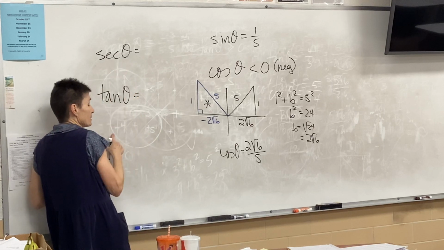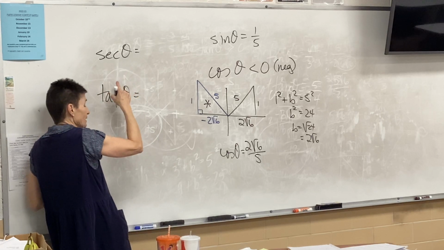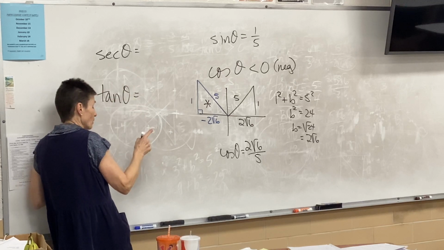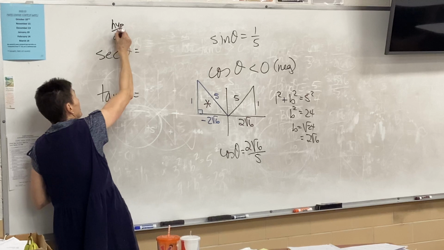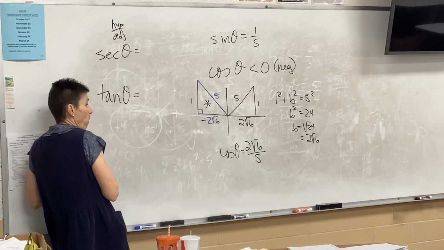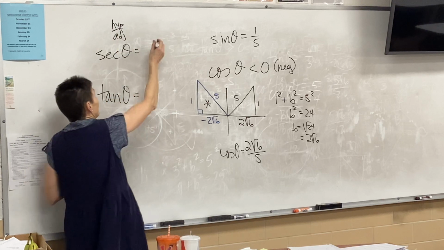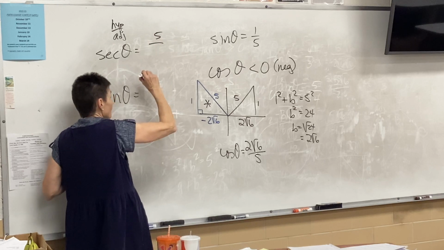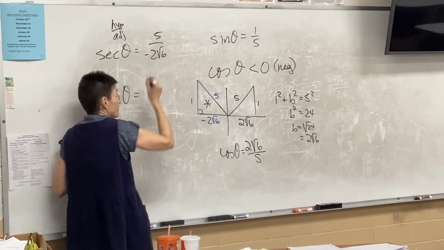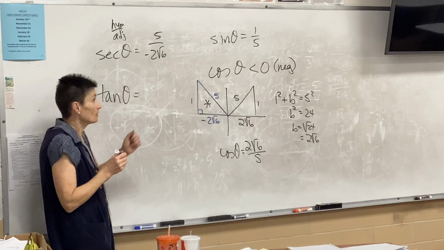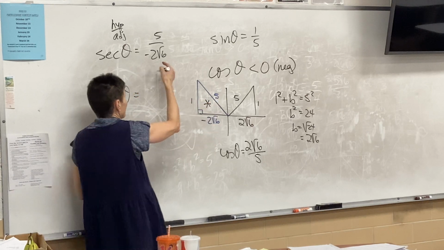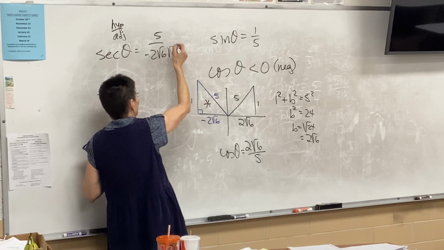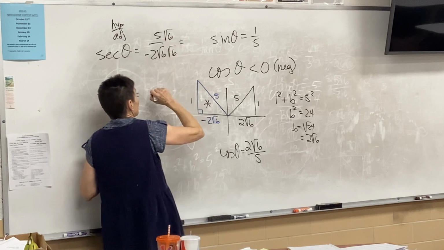So now I can answer the question using my blue triangle. What is the secant? Well, the secant is the reciprocal of the cosine. So it will be hypotenuse over adjacent: 5 over negative 2√6. Now, I'm going to get rid of that radical, so I'm going to multiply by the √6.